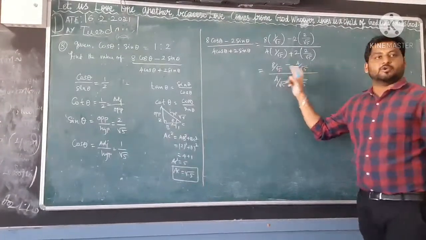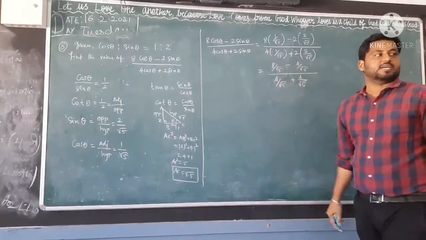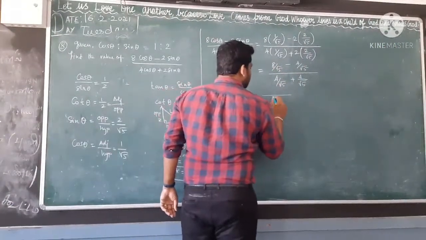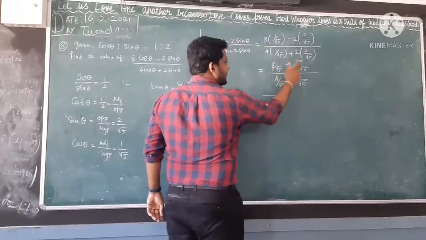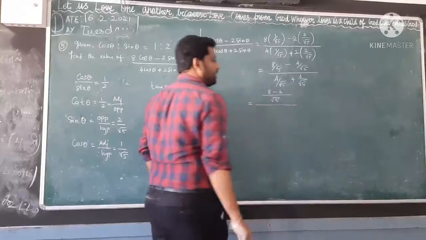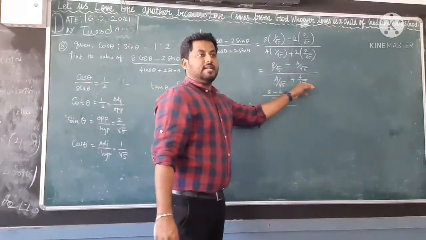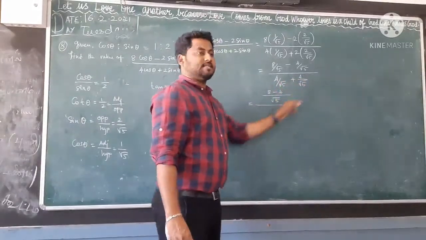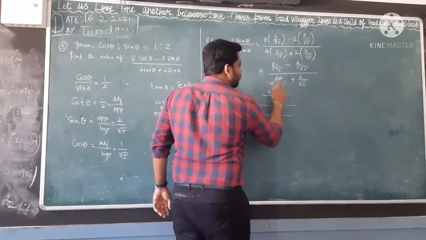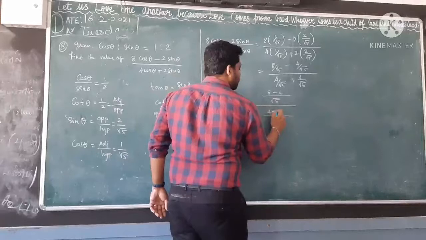The denominator values are the same, so we can write the common denominator root 5 as it is, with 8 minus 4 in the numerator and 4 plus 4 in the denominator.